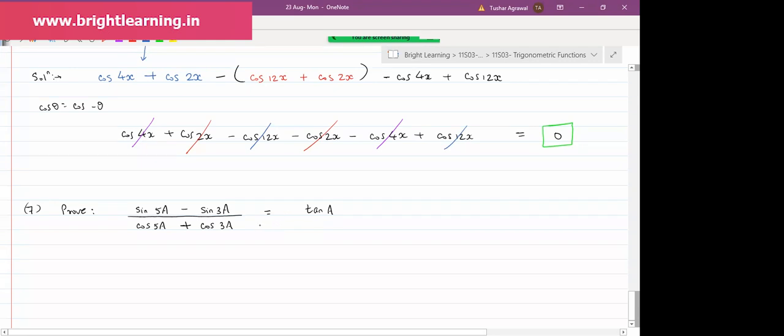And four options are given to you: sine A, cos A, tan A, cot A. Again, some identity will be used.